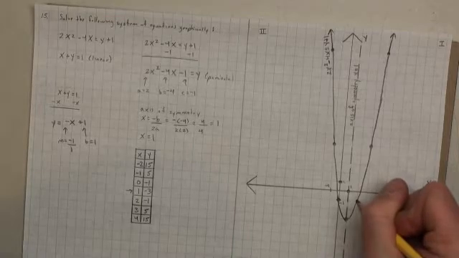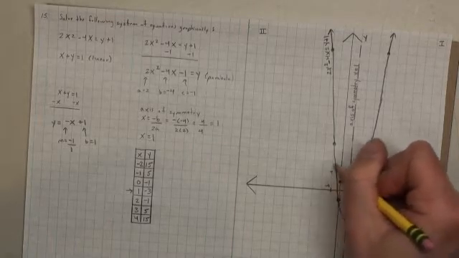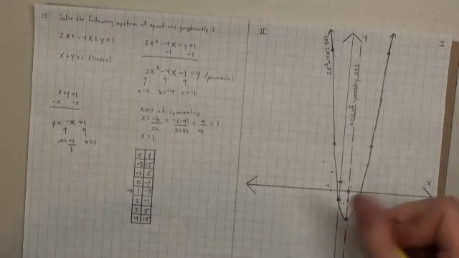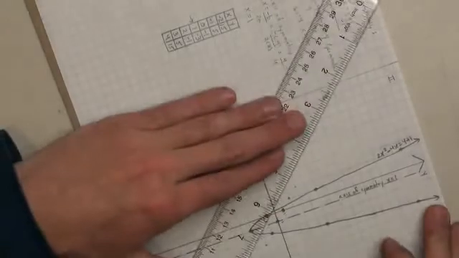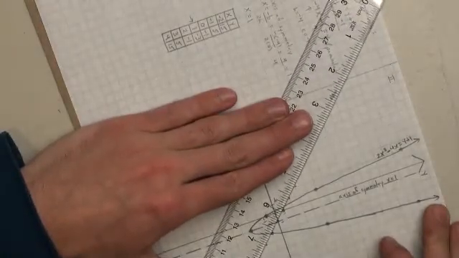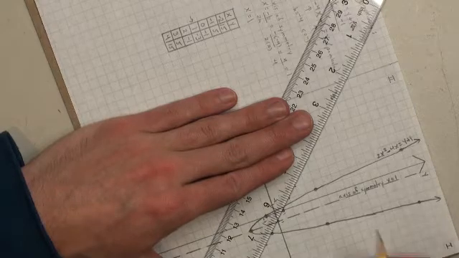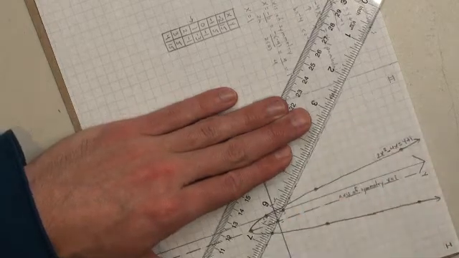Down 1 to the right 1, and up 1 and to the left. Alright, so this is going to be interesting, because we see one definite point, but we can't be sure where that next point is. We're going to have to use the calculator for this problem.